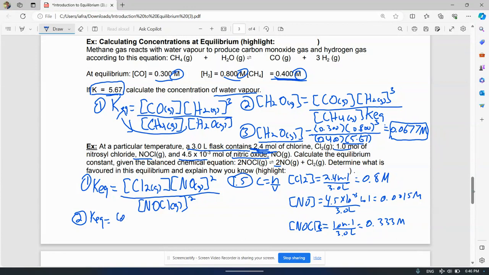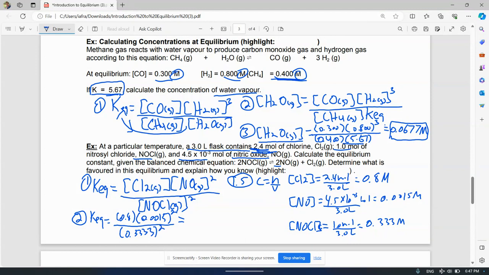So we'll have 0.8 molar times 0.0015 squared over 0.3333, so on and so forth, squared. Try not to round too much. Try to keep some decimal places there so that you're not too far off from the question in the end. So let's go ahead and do that.